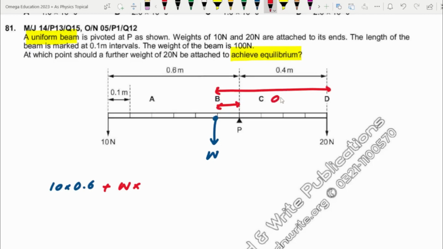So this one would be 0.5. You subtract 0.4 from there, you'll be left with this one, which is 0.1. So W times 0.1 equals, what is the force that we have on the other side? We have 20 Newton force. What is the perpendicular distance of that force from the pivot? 0.4. So 20 times 0.4.